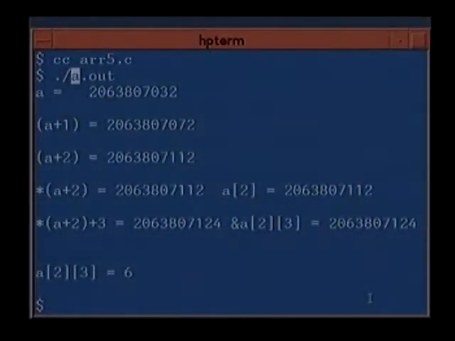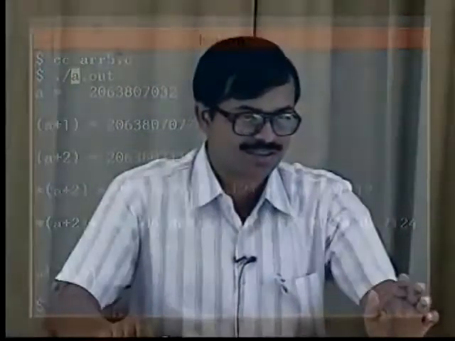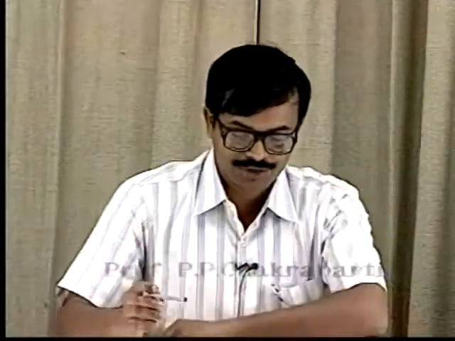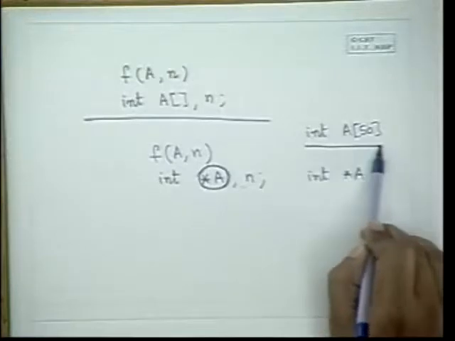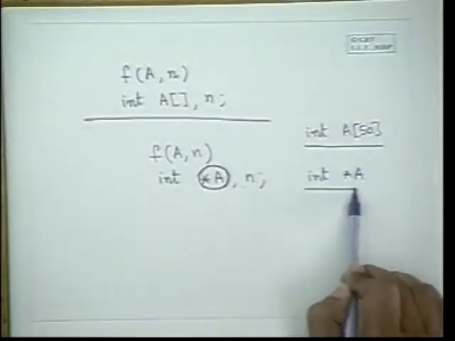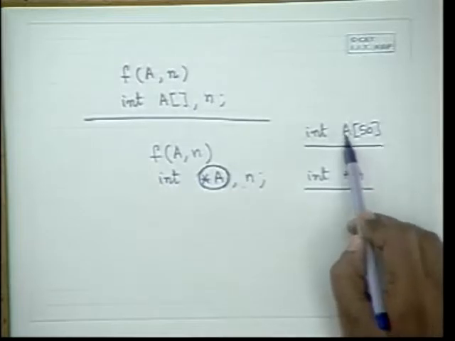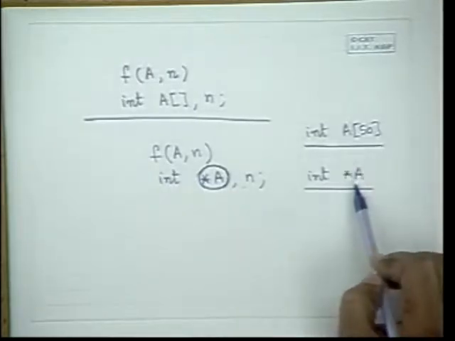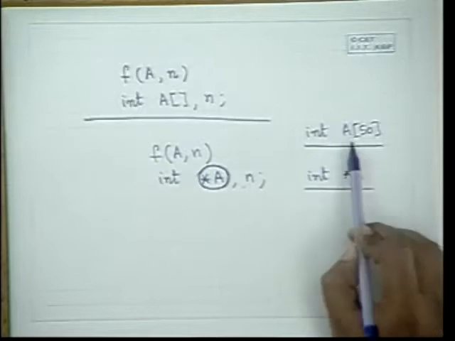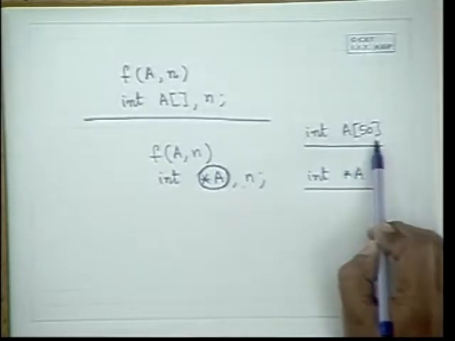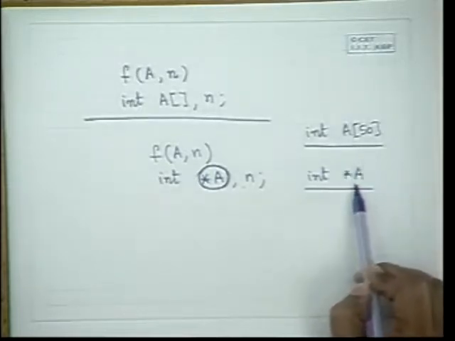So we'll terminate with this discussion, but we'll remember 2 or 3 things. One is, in the main program, int A[50] and int *A are not identical. They are identical in the sense that this is an address to an array and this can be used as an address to an array, but this does allocate 50 elements and this allocates only a pointer variable. This is a pointer variable.